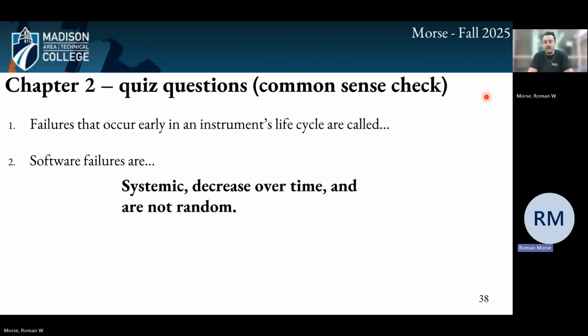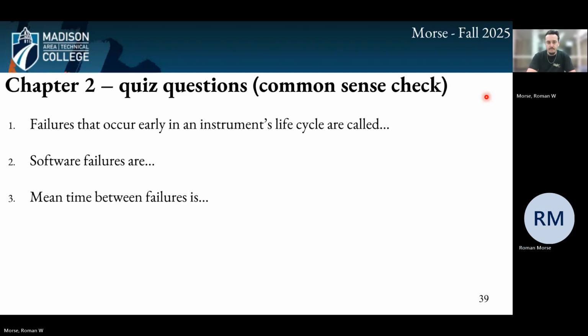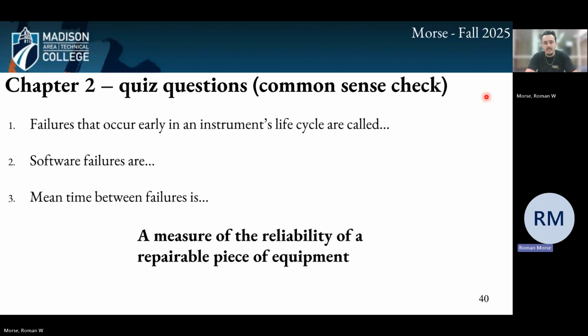So if I have a set of software that I wrote that performs some task and I feed it some data and I run the software and it makes a mistake, if I feed that software the same data, it's going to make the same mistake, unless literally we're talking about if I built an AI or an ML, a machine learning algorithm or something like that, and incorporated that in my software, now there's a little bit of randomness that we can associate with that. But overall, not random.